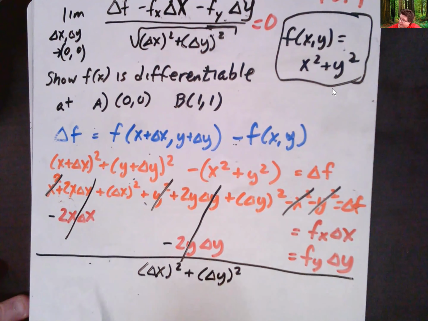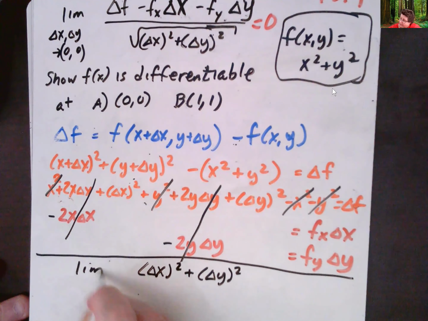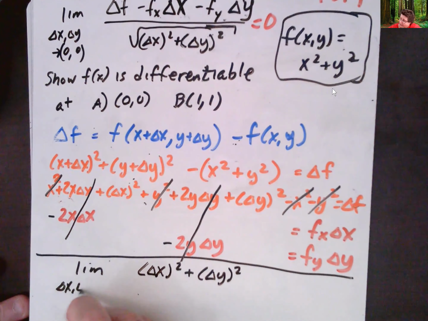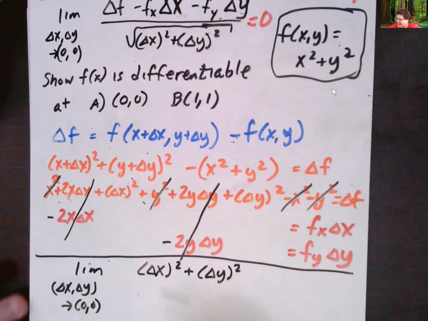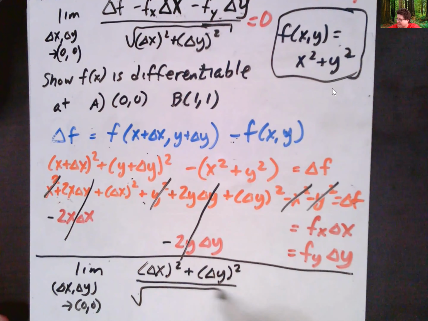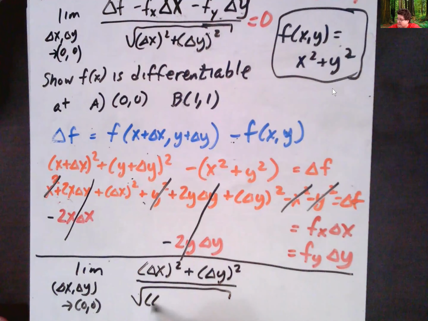So that's our numerator. We're going to take the limit as delta x, delta y goes to 0, and we're dividing that by the magnitude of delta x, delta y, the square root of delta x squared plus delta y squared.